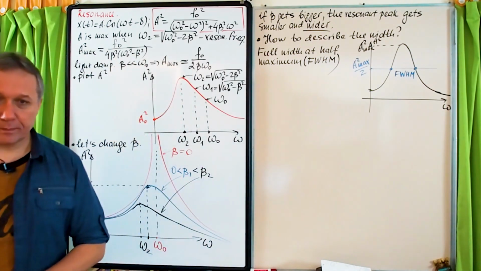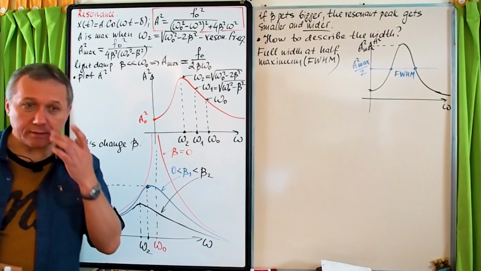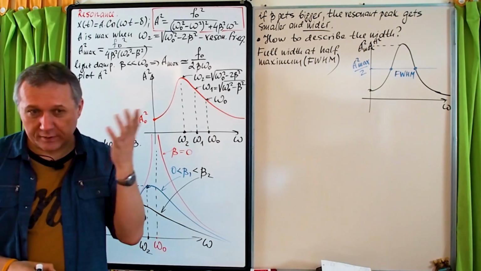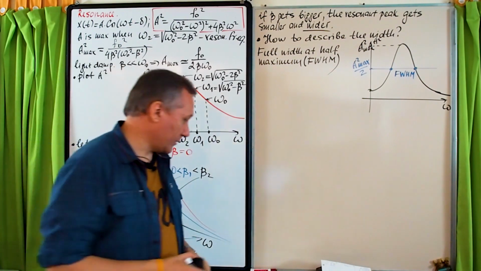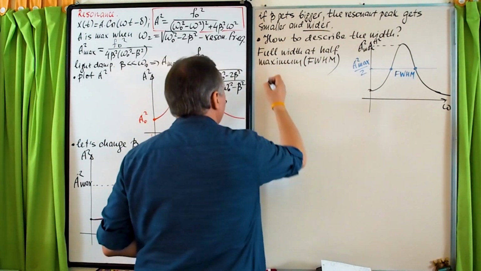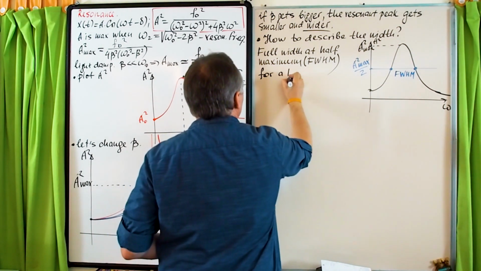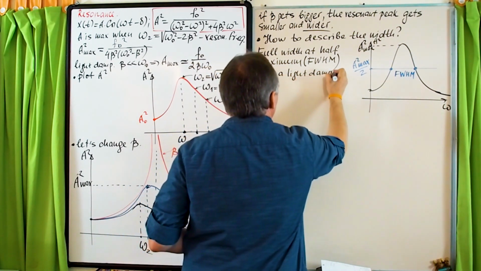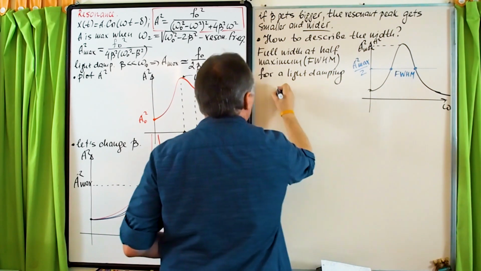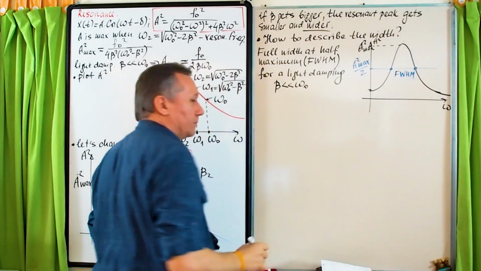It's a very common term. And what if we have a light damping? Because in lots of systems, like laser systems, it's a case of light damping. Light damping is when beta is much smaller than omega naught.